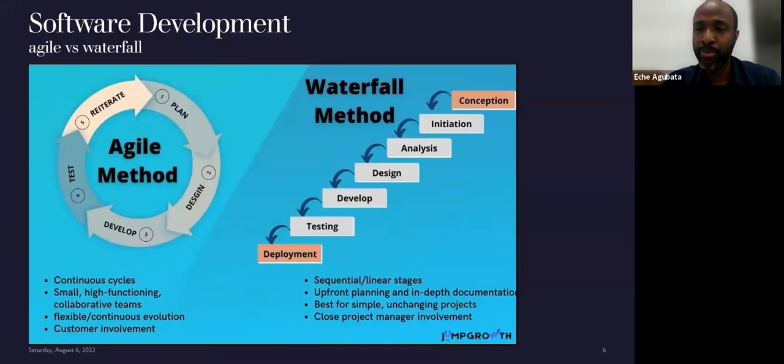Now, just like techie people love tools, they said their thinking and their approach to the whole project delivery should emphasize collaboration over processes and tools.